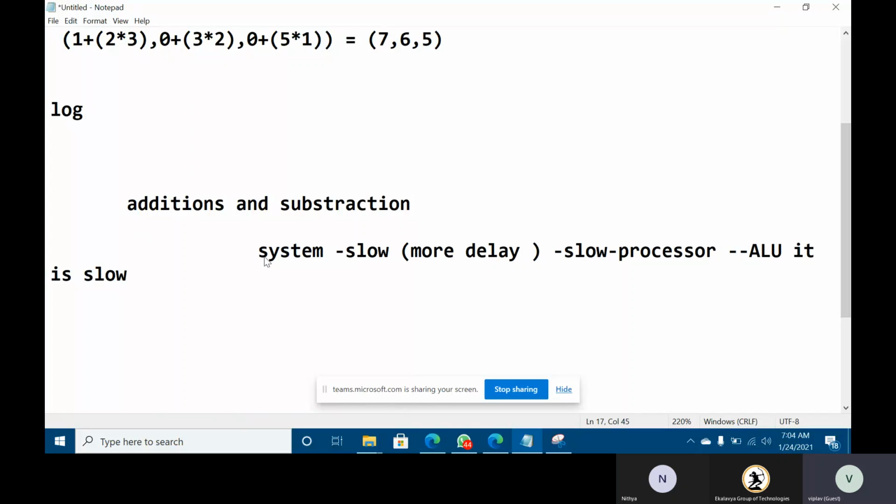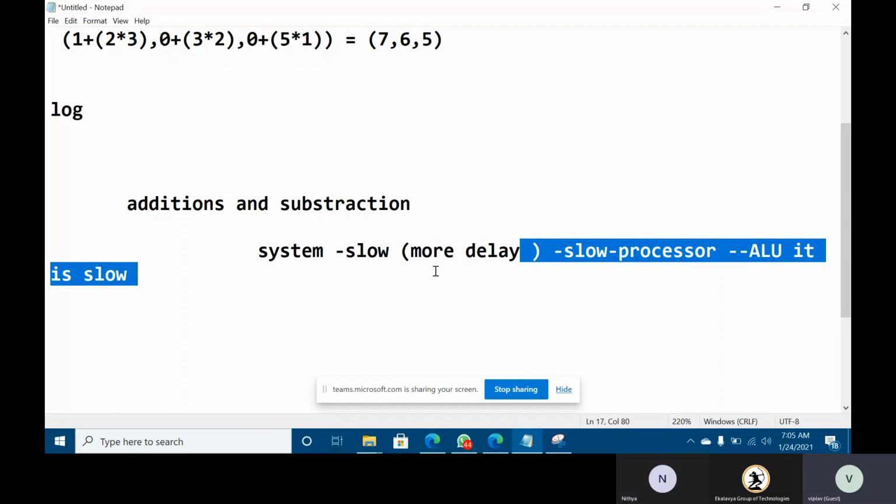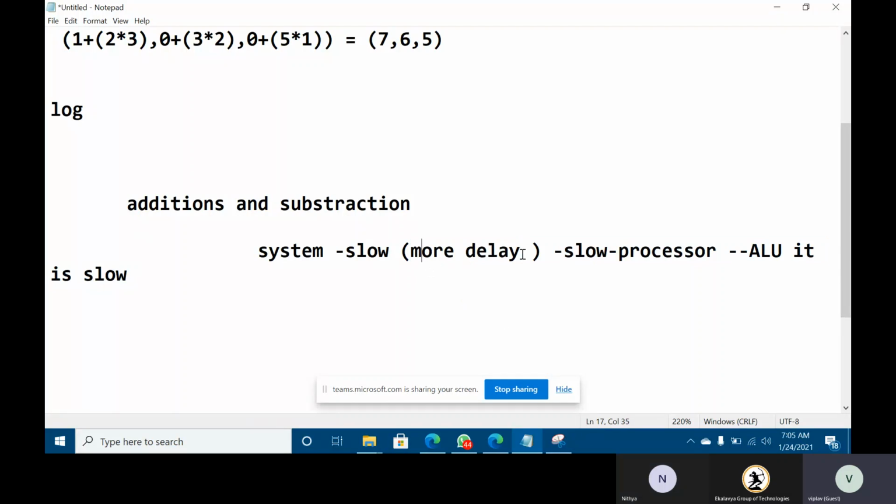As human requirements keep increasing, what is the use of a circuit if it gives more delay? No use if it gives more delay. If the delay is more, the power consumption will also increase, meaning it takes a lot of power.